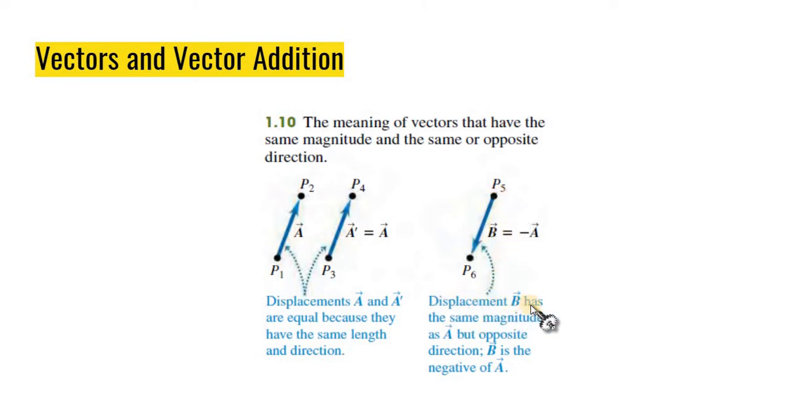Displacement B has the same magnitude, because the point moves the same distance, but in the opposite direction. So displacement B is the negative of displacement A. It is negative because it moves in the opposite direction of vector A, or of the displacement A.